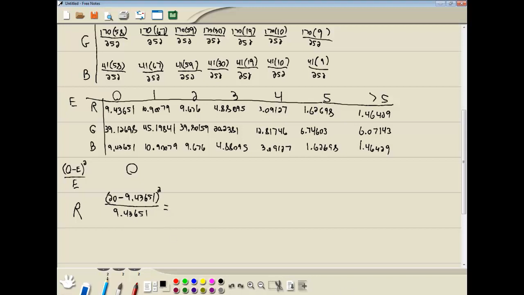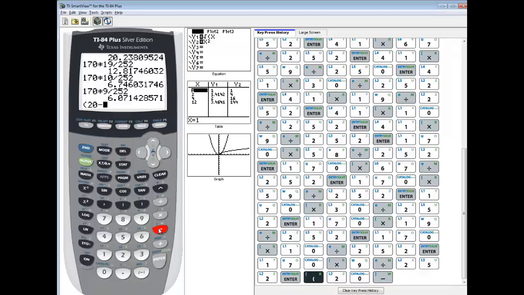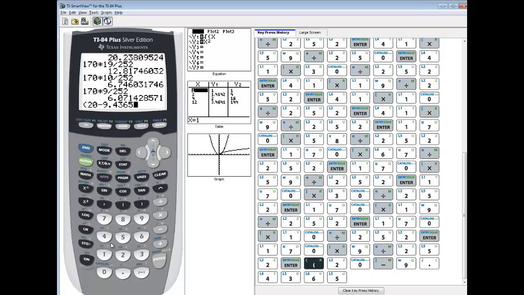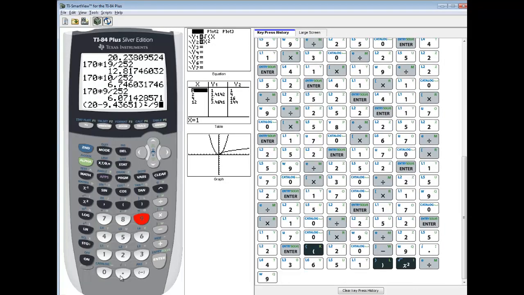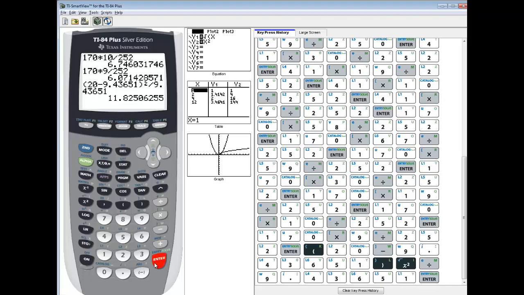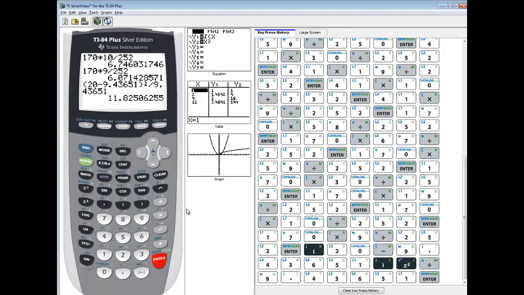Let's see what that gives us. Okay, so 20 minus 9.43651 close parentheses squared divided by 9.43651. Enter. And this would give us 11.825.